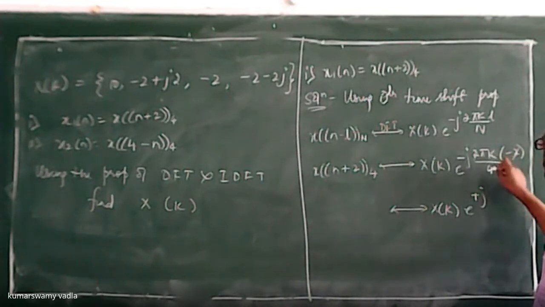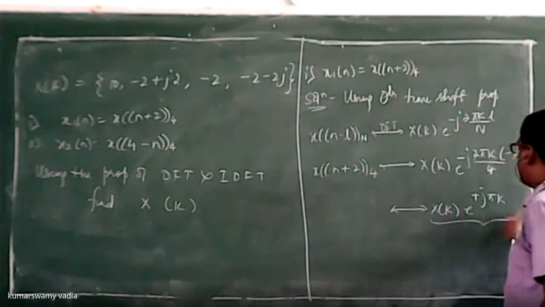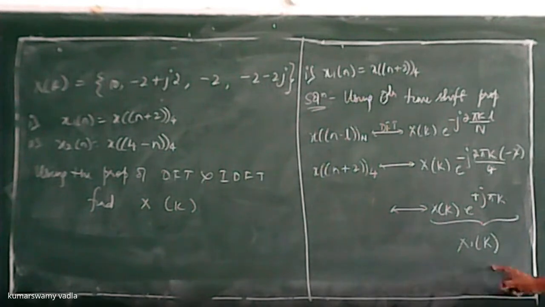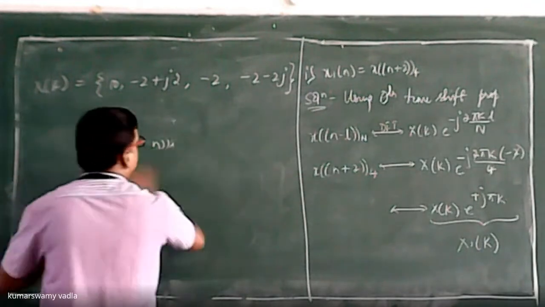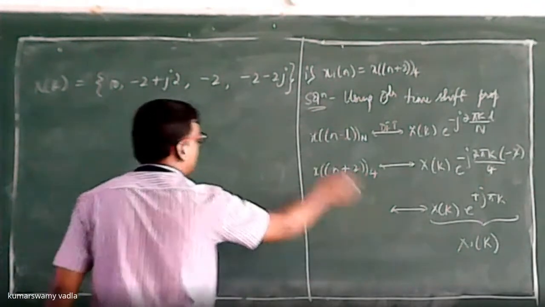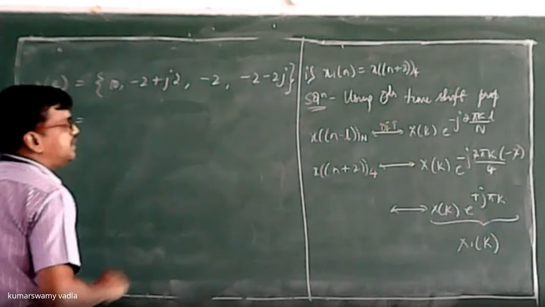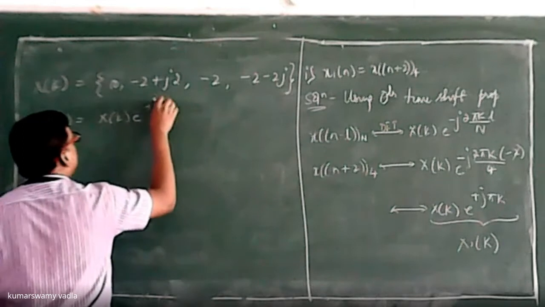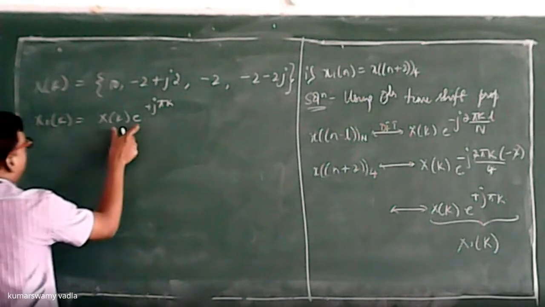The 2 and 4 get cancelled, and you are left with 2 pi k by... this is nothing but X1 of k. So X1 of k, for the first sub-question, is equal to X of k into e power plus j pi k.